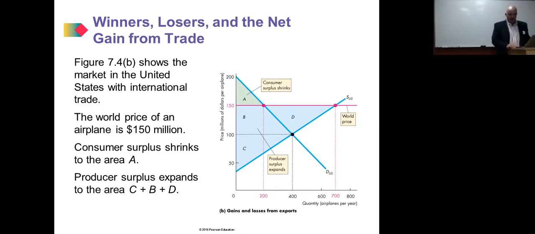Producer surplus is going to expand and include now B plus C plus D. Area B that we just included represents a transfer of surplus from consumers to producers. And area D is an increase in total surplus. That is what we gain from exporting.